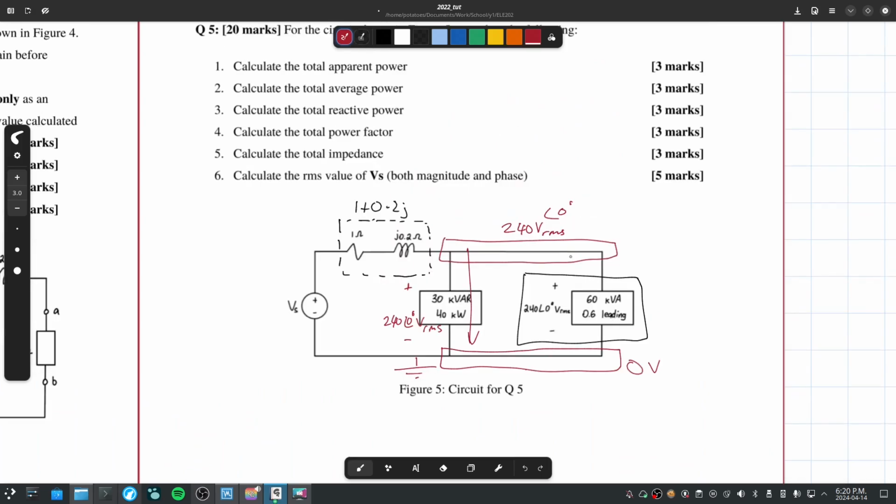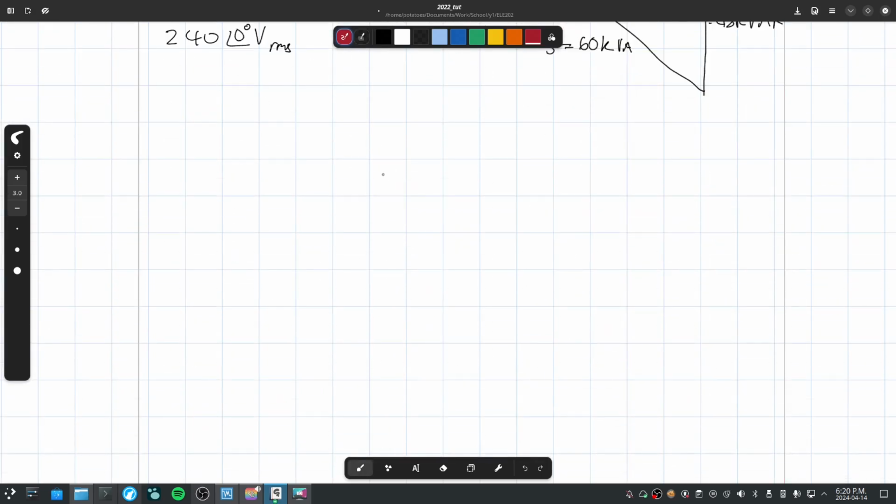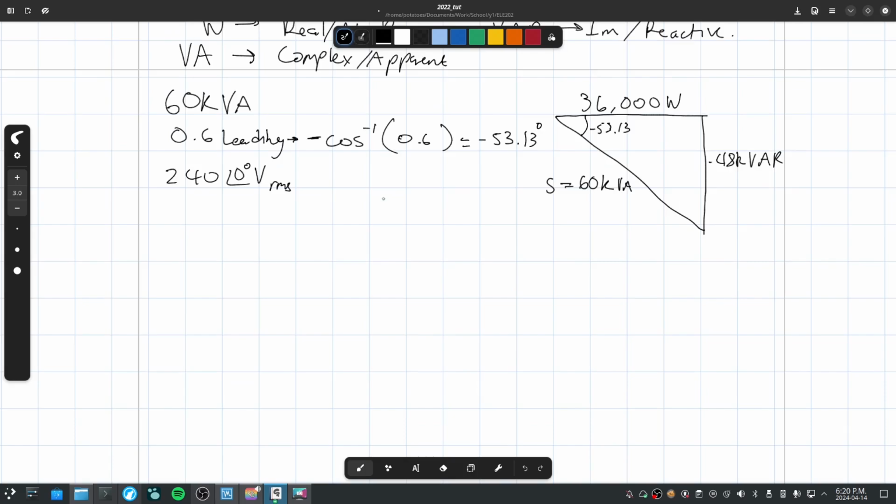So the data for this one is 30,000 volt-amp reactive and 40,000 watts with a voltage of 240 with a phasor of 0 V RMS.